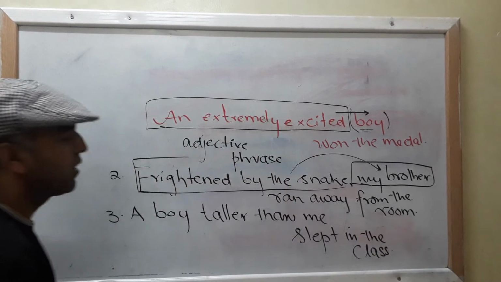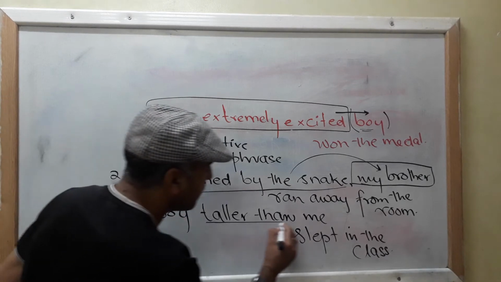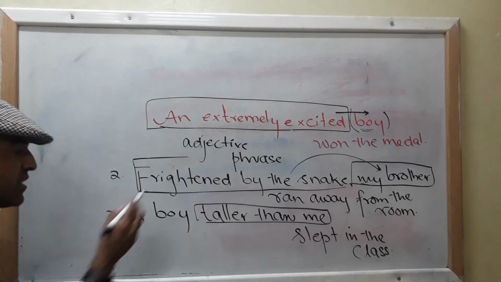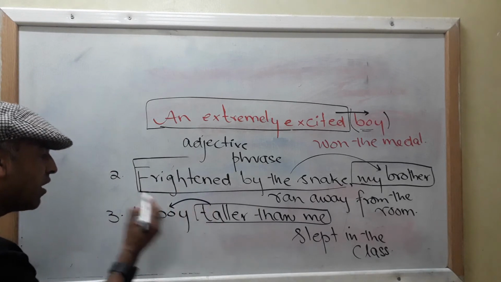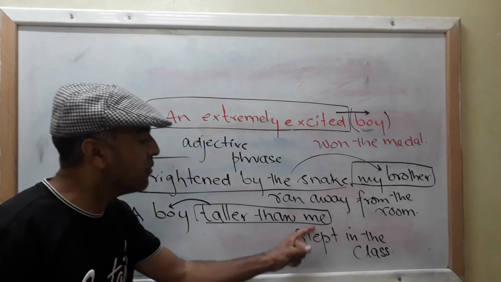Now look, here, a boy, which boy? Taller than me. This is your adjective phrase because it is telling you something about the boy. A boy, which boy? Taller than me.